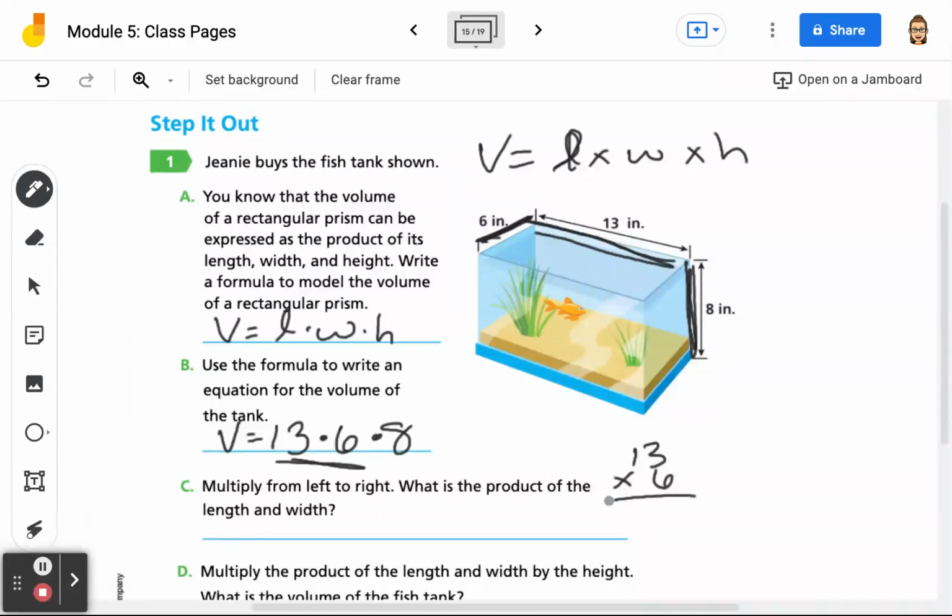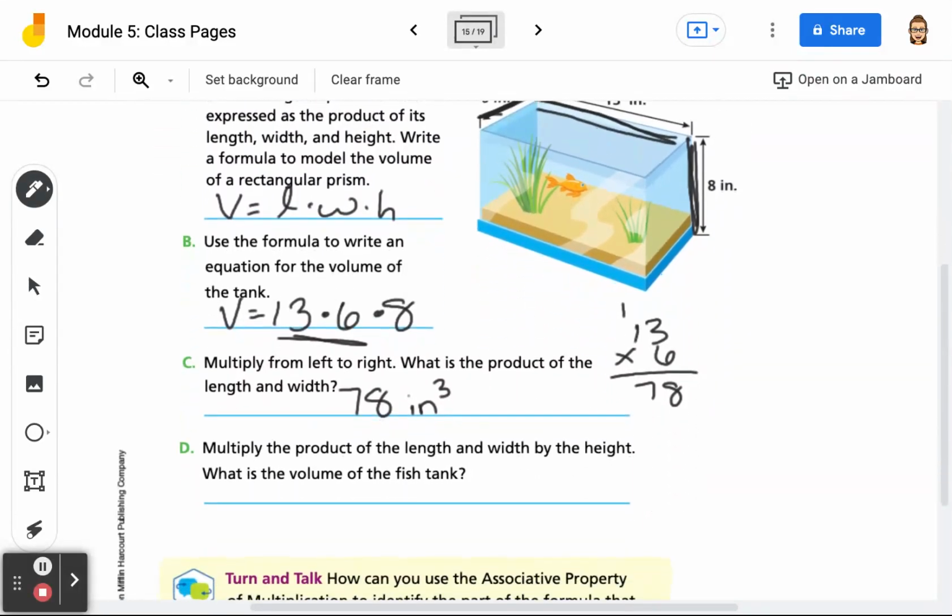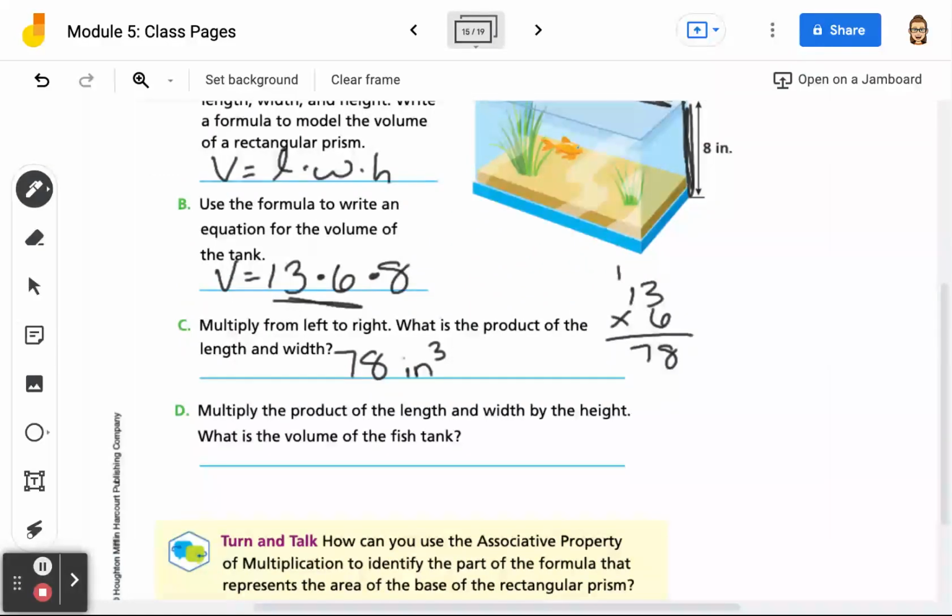So 6 times 3 is 18. 6 times 1 is 6, plus 1 is 7. So we have 78 inches cubed, or cubic inches. Then it says multiply the product of the length and width by the height.